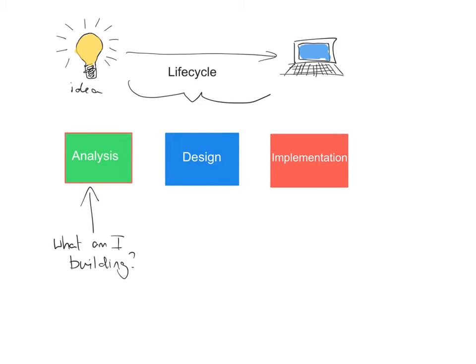So here in the analysis, the question we're asking is, what am I building? At this point, you generally are not too concerned, and probably shouldn't be concerned, with the how you're going to build it. If you get too concerned with the how, that can often stifle your creativity and prevent you putting in requirements which you could otherwise have subsequently implemented and achieved.